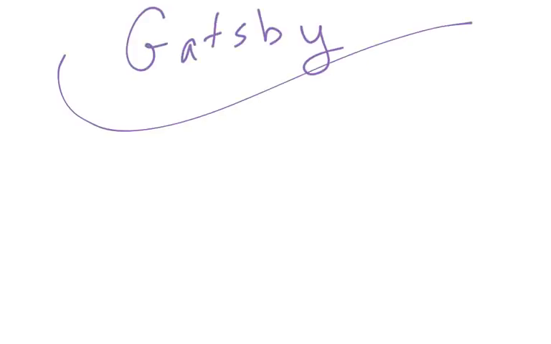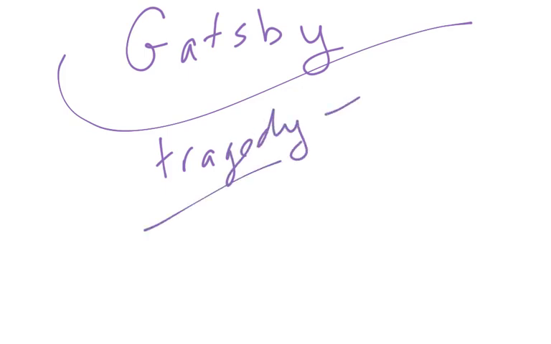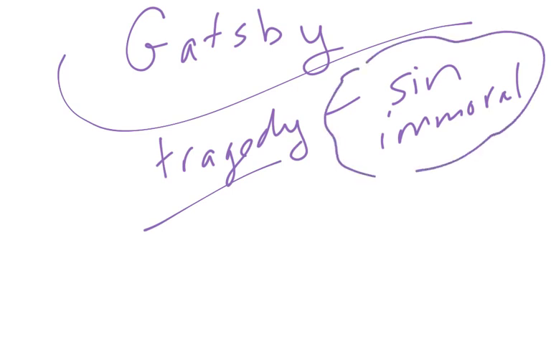Okay? So, now, Gatsby. Let's think of one option. Because we're in tragedy, we are prone to a lot of sin and immoral behavior, right? So this is what creates the downfall of a community.